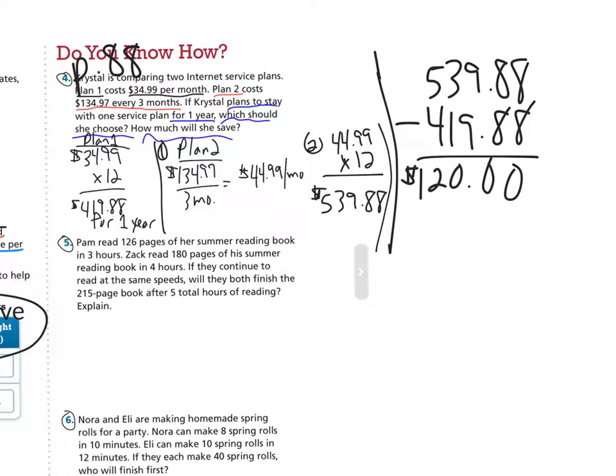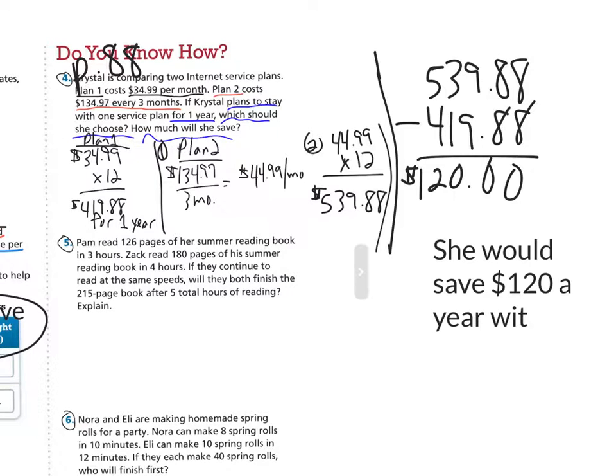So we could say she would save $120 a year with plan 1.